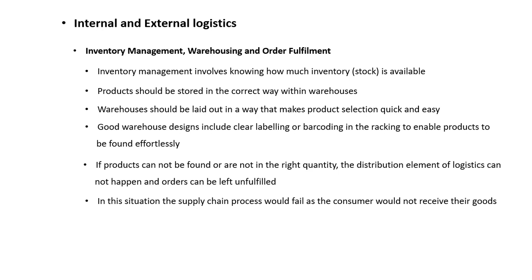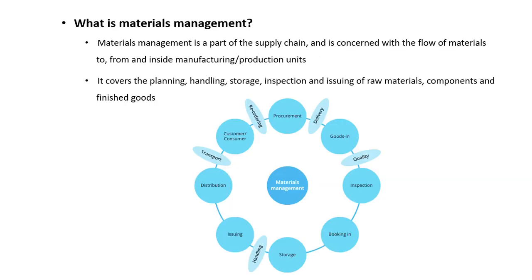Good warehouse designs include clear labeling or barcoding in the racking to enable products to be found effortlessly. If products cannot be found or are not in the right quantity, the distribution element of logistics cannot happen and orders can be left unfulfilled. In this situation, the supply chain process would fail as the consumer would not receive their goods.